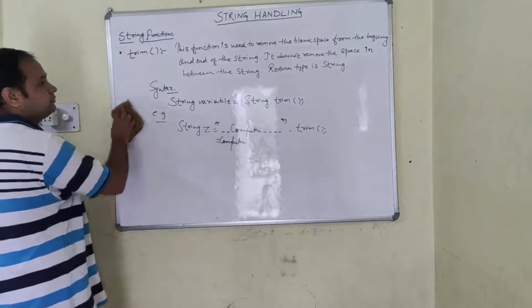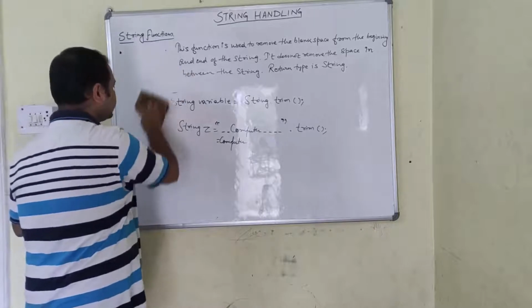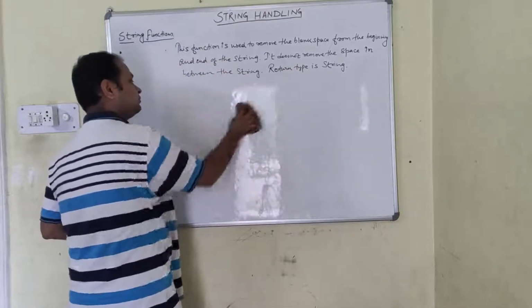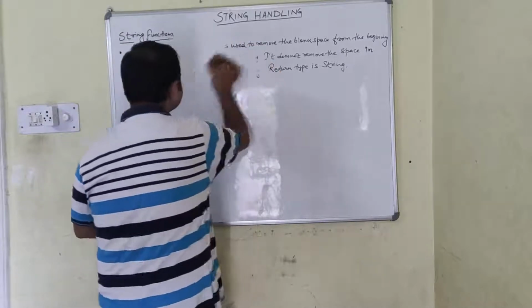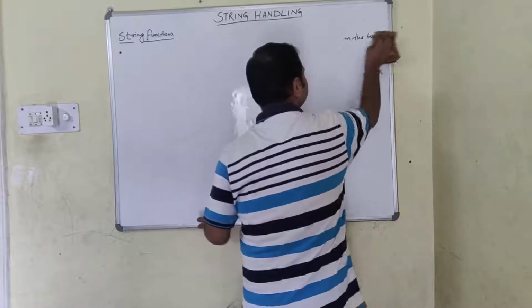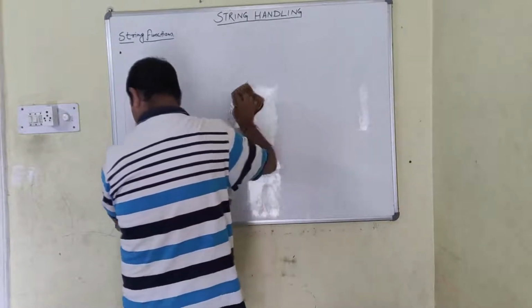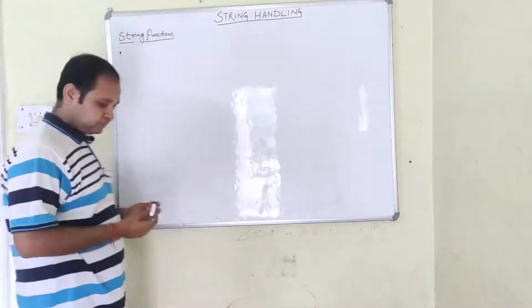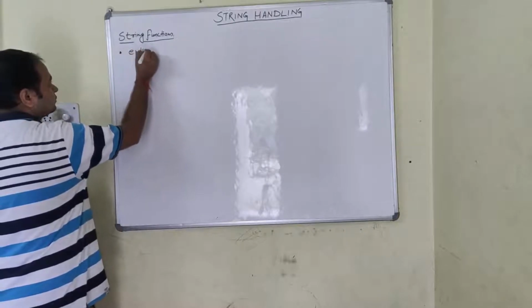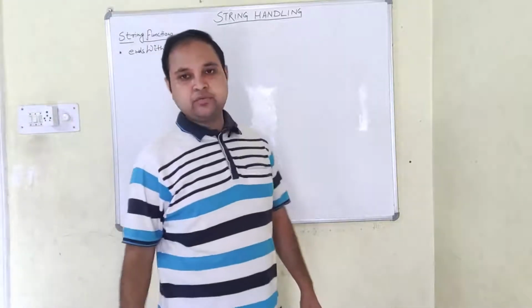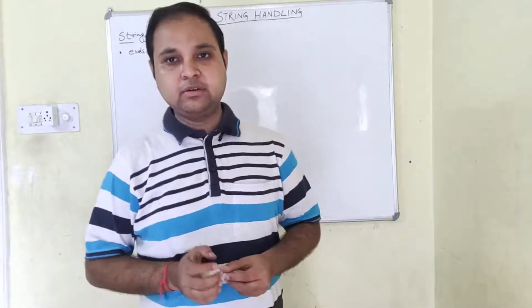Okay, now next function is endsWith. The endsWith function is basically used to check whether our string is ending with a provided suffix or not.